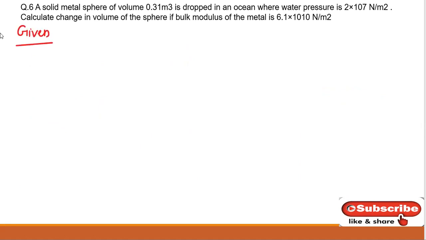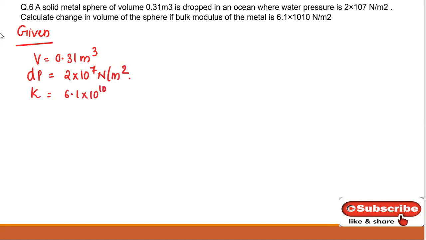Volume of the metal sphere is given, V is equal to 0.31 meter cube. Pressure is given, dP is equal to 2 into 10 raised to 7 Newton per meter square. Bulk modulus is given, K is equal to 6.1 into 10 raised to 10 Newton per meter square.